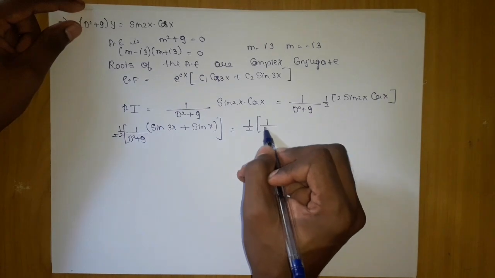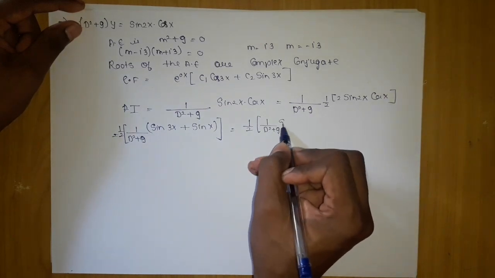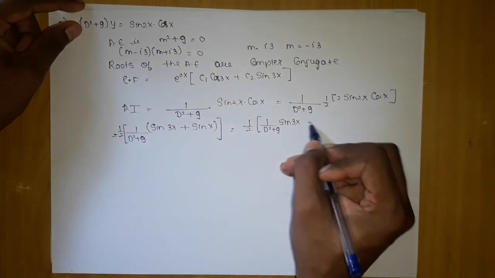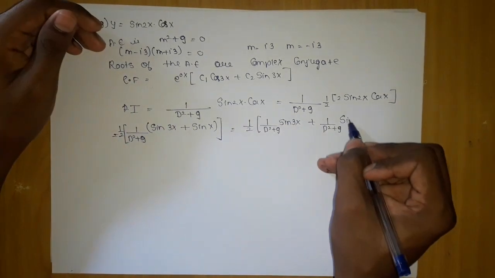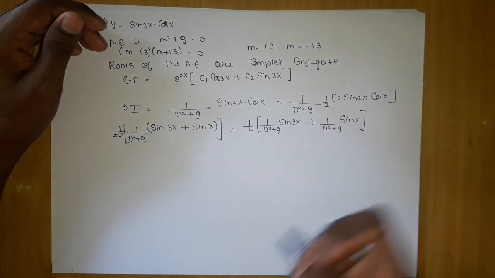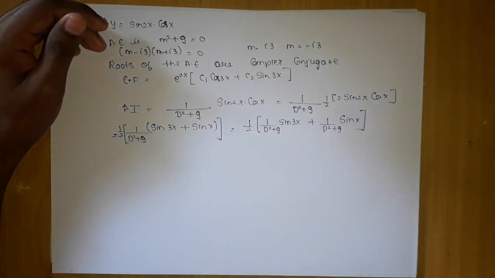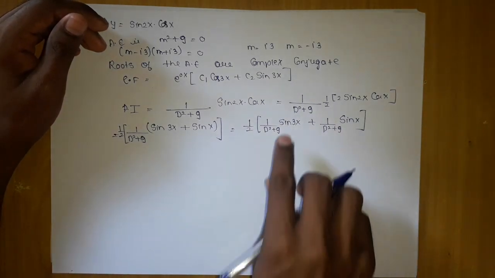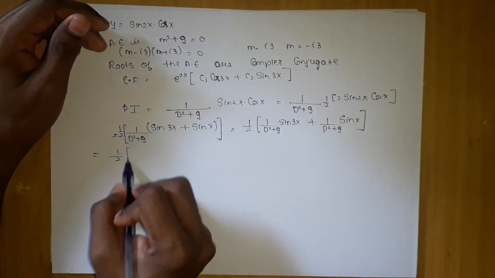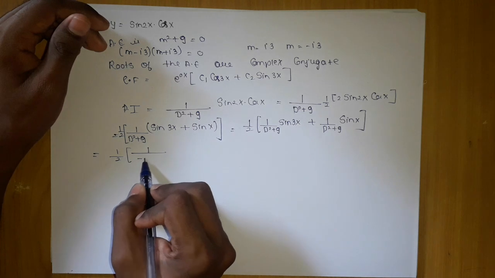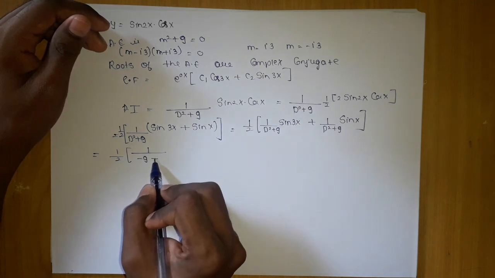So we will have 1 by D square plus 9 sin 3x plus 1 by D square plus 9 into sin x. Wherever D square is there, substitute it by minus a square. Here a is 3 and here a is 1.